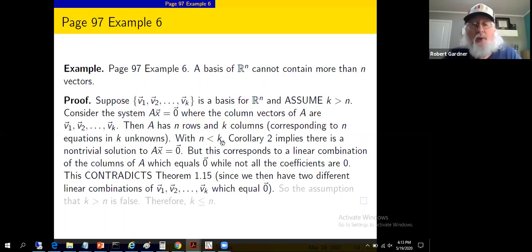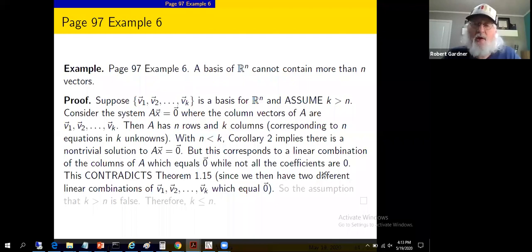Corollary 2 implies, since we're dealing with a homogeneous case, that there is a non-trivial solution to the system of equations Ax equals 0. But then there's a vector we can write in more than one way in Rn, showing us that we don't have a basis. Basis means every vector can be written in a unique way as a linear combination of the basis vectors. But we could write the 0 vector using the coefficients that come out of this non-trivial solution.